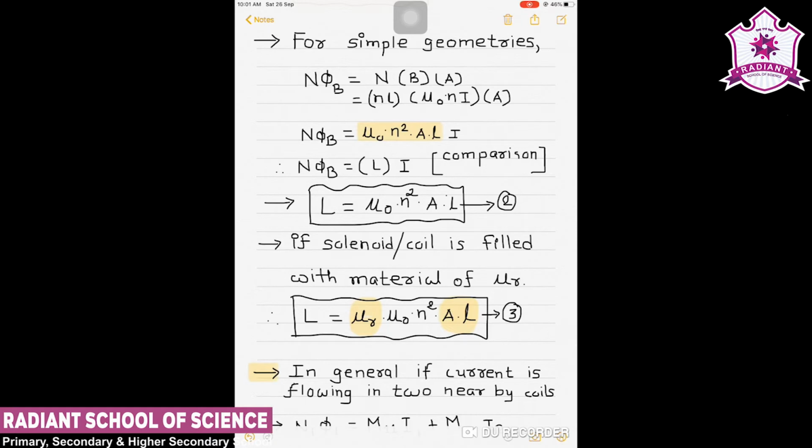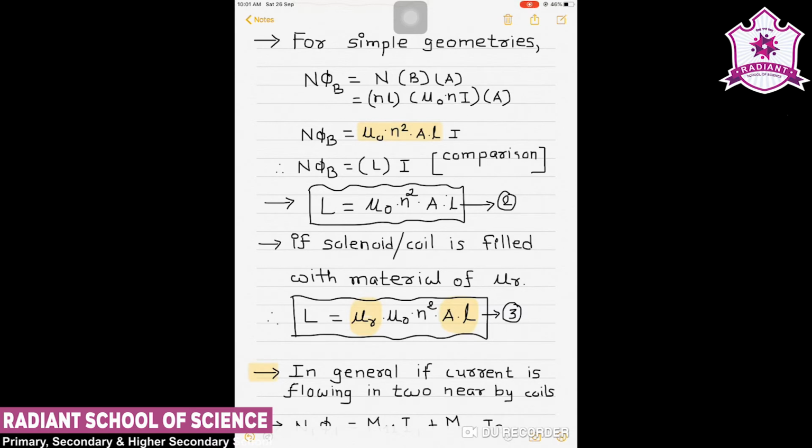This shows that the self-inductance of the coil depends on its geometry, that is A and l, and on the permeability of the medium, that is mu r, the material which is filled.